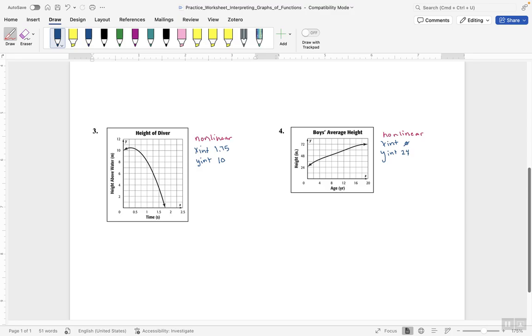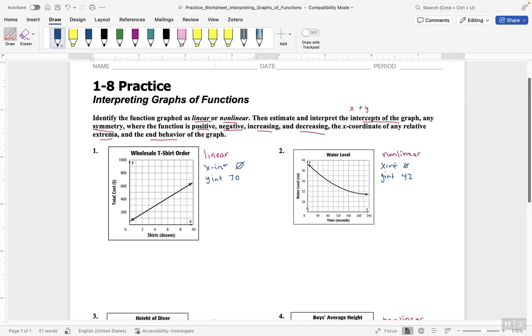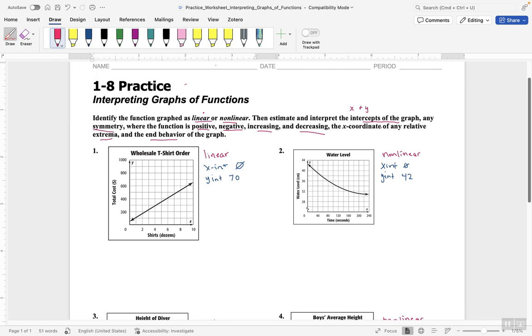All right. Feel free to pause this video if you need to get caught up on writing this down. Then we're going to look at where the function is positive and negative. We'll do the increasing and decreasing in a bit. Positive just means where it's above the x-axis, and negative means where it's below the x-axis.